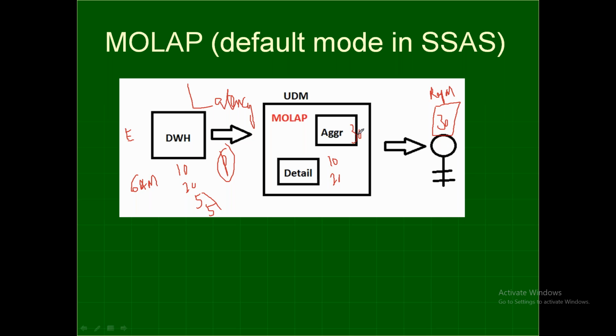He sees only 30. That is where the issue is. Because until and unless you process the data, you don't see the 40. That is the big issue in MOLAP mode. Because I did not process it, I am not able to see the latest data. So MOLAP has a disadvantage: you have a latency issue.